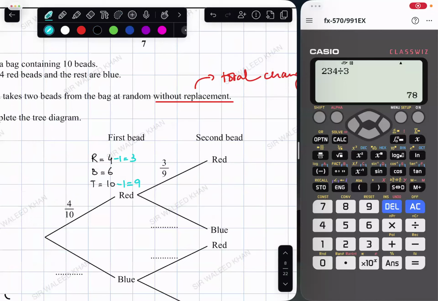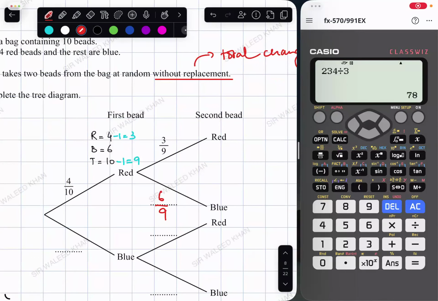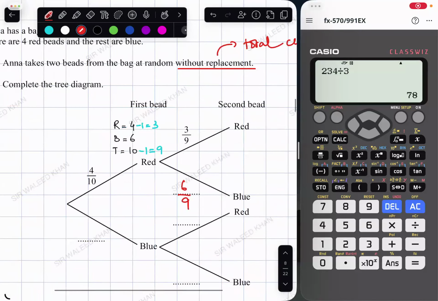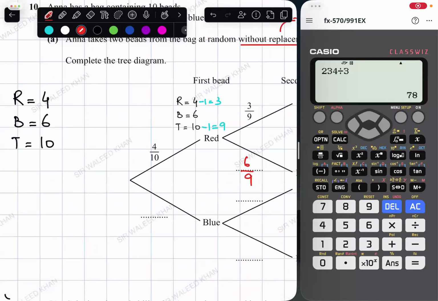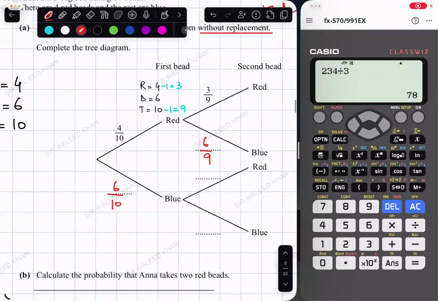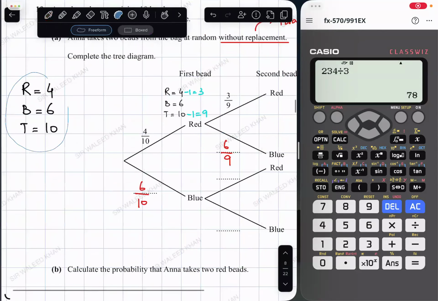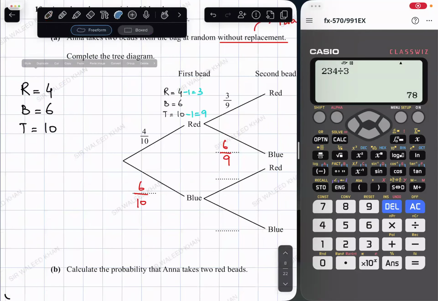So the second bead being red is 3 by 9, and the second bead being blue is 6 by 9. Now do not simplify it over here on the branches, you might get confused. It can lead to much confusion. Then the probability that it will be blue is 6 by 10. And I'm going to update the list over here as well.